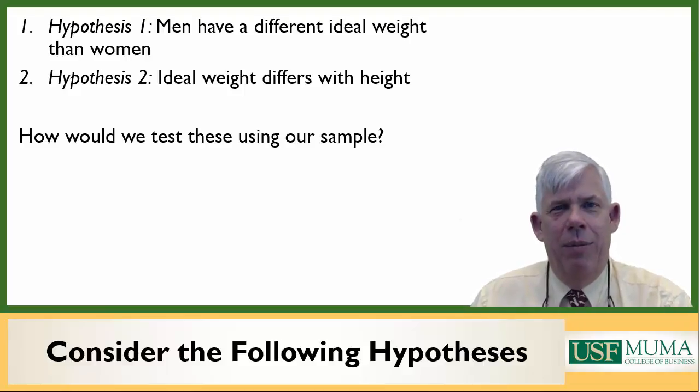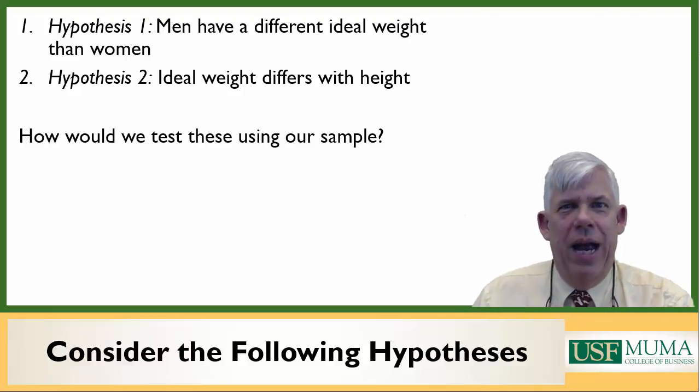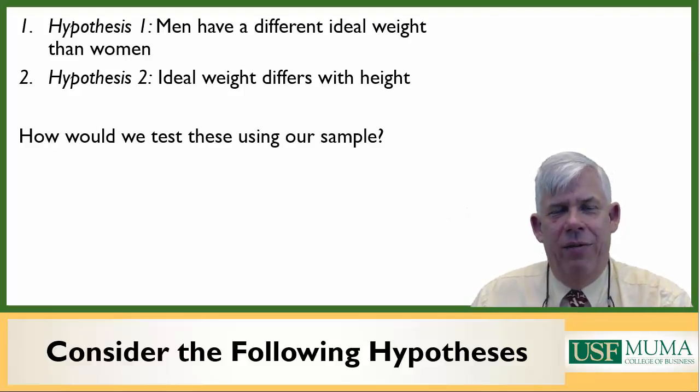And then both of them have a testable assertion that there's actually a difference. And in our ideal height versus weight survey, we can test both of these hypotheses using a technique known as analysis of variance. Now, mind you, we also saw that we could use correlation to show relationships, but in the case of analysis of variance, we're specifically testing these hypotheses.